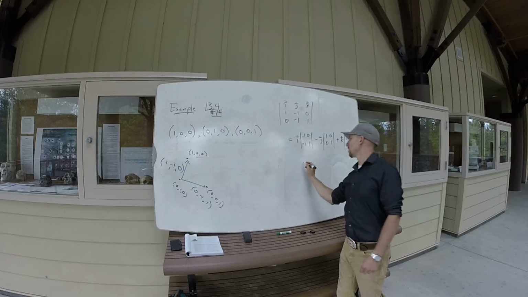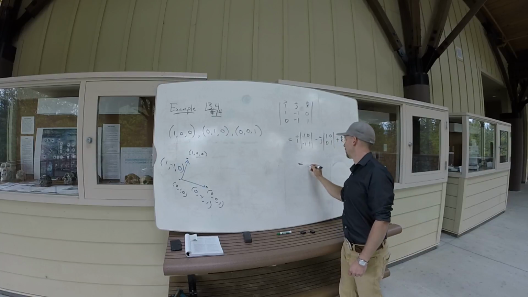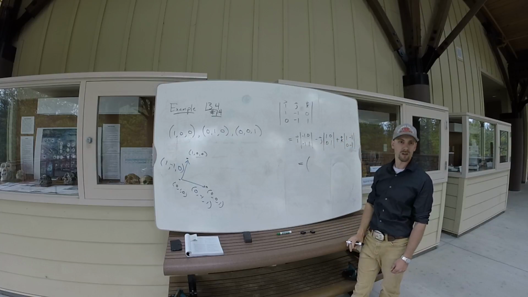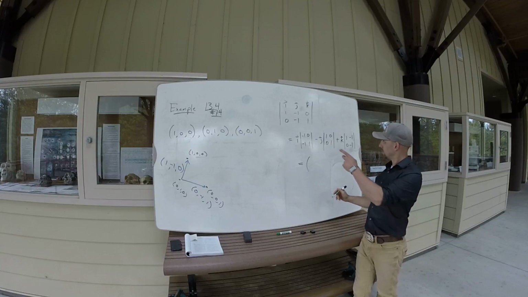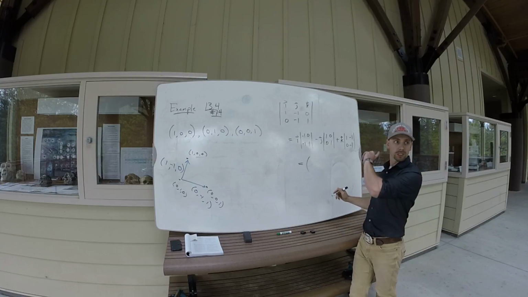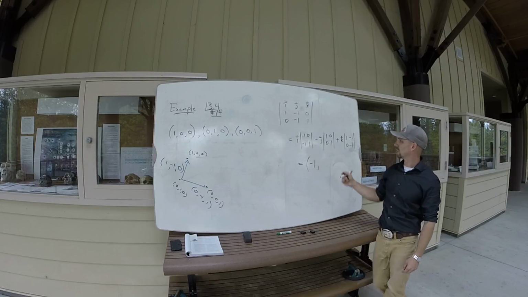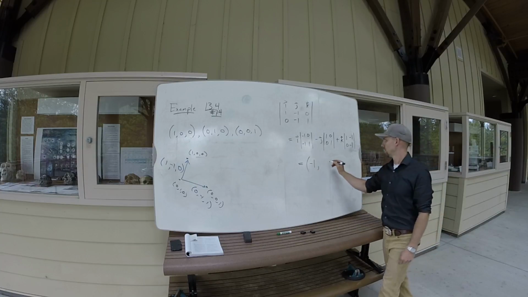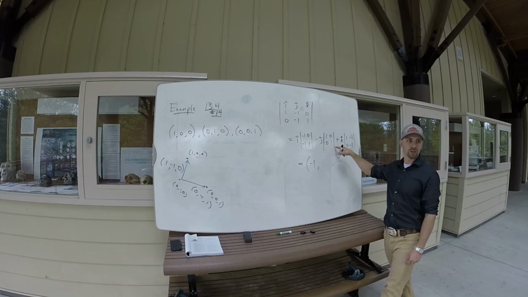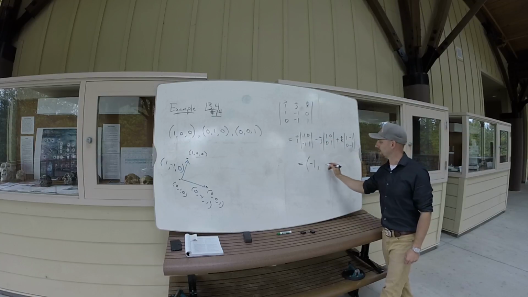So your result out of this vector should be what? What's your first coordinate? Negative 1 minus negative 0 is negative 1. Out of this guy, negative 1 times 1, you get 1 out of the little matrix, right? Yeah. And then you need to remember the minus sign. Oh yeah.